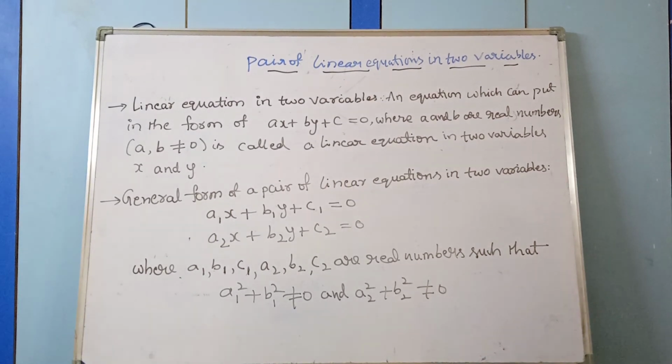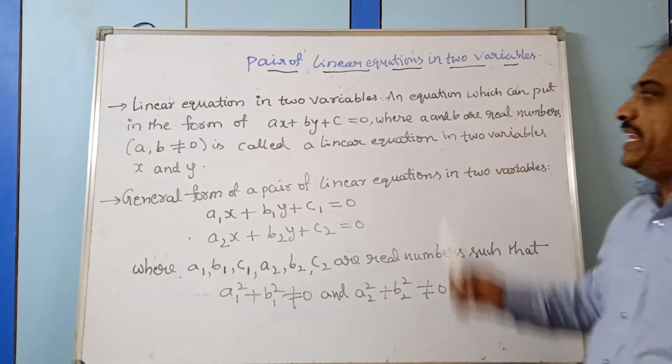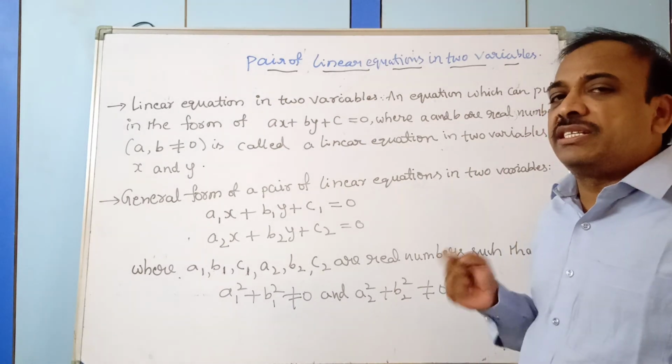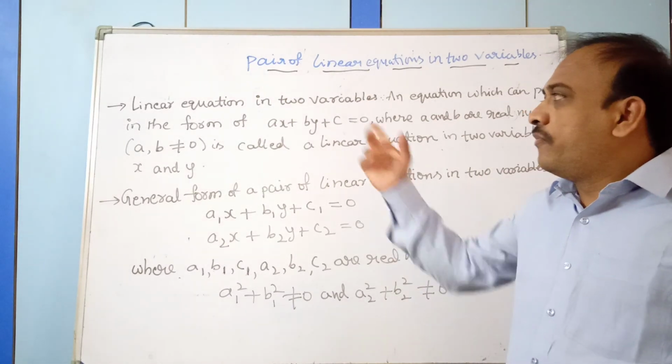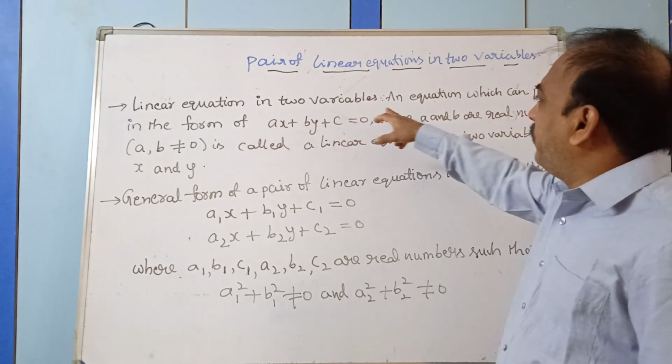Now we see pair of linear equations in two variables. Before writing the general form of a pair of linear equations in two variables, first we discuss a linear equation in two variables.